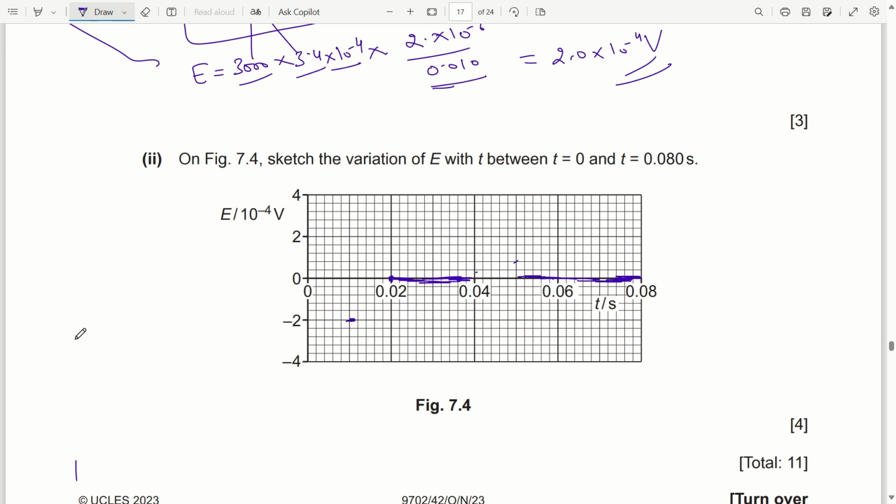But since E is equal to minus of d phi by dt, as per Lenz's law, the negative sign here represents that the induced EMF opposes the cause. So it will be negative. So the magnitude is 2, so here it will be minus of 2.